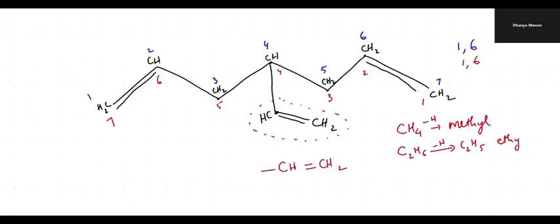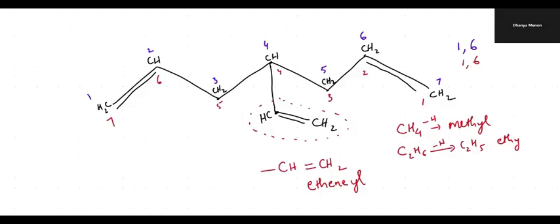Now, this is ethene, from which 1 hydrogen has been removed, right? So 1 hydrogen has been removed. So ethenyl group. So this is the ethene group from which 1 hydrogen has been removed.